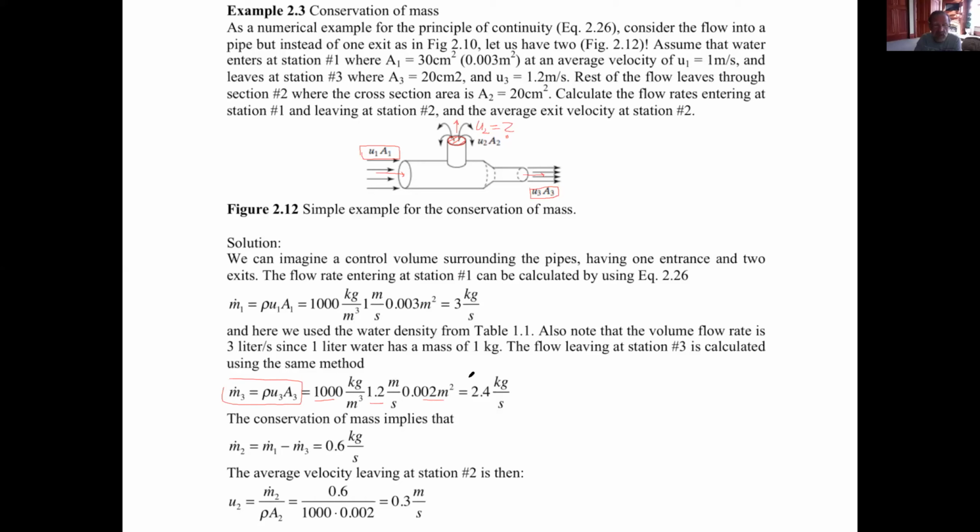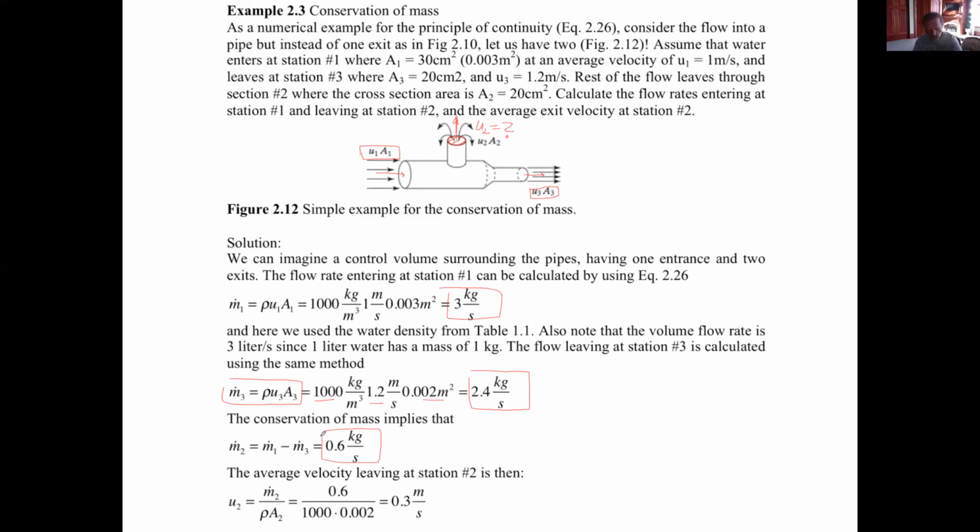So it turns out that only 2.4 liters are going out versus 3. So the conclusion is that, yes, we were right, flow is coming out of this area. How much? The difference, 3 minus 2.4, is 0.6 kilograms, no rocket science here.